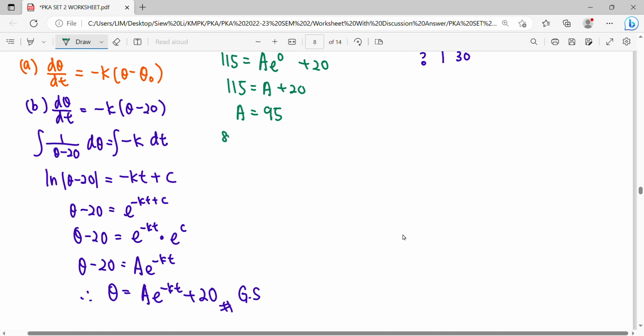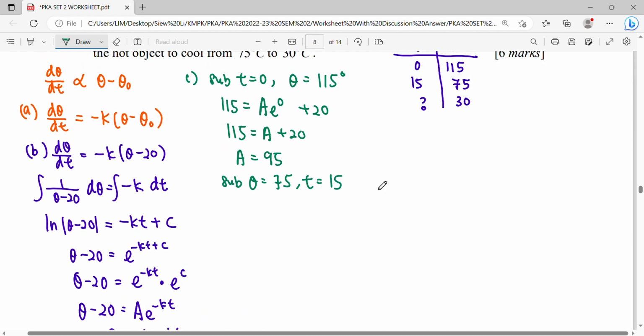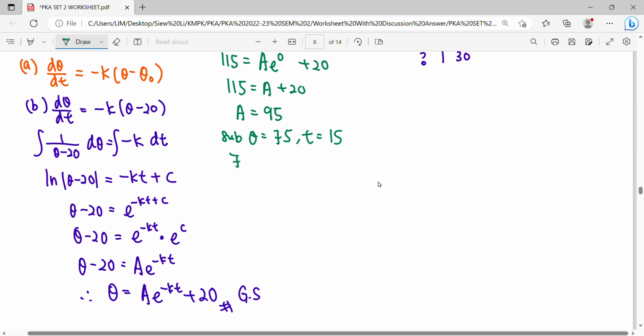So substitute θ equals 75 where t equals 15 minutes. Substitute our A of 95, e to the negative k that we want to find, t is 15. Slowly we move things back: minus 20 gives 55.